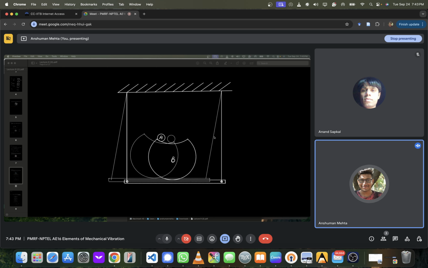And there is one more ball called A, which initially was at this point, and now it is here.